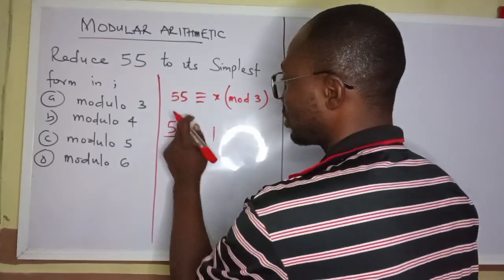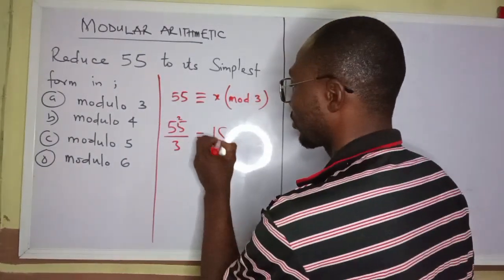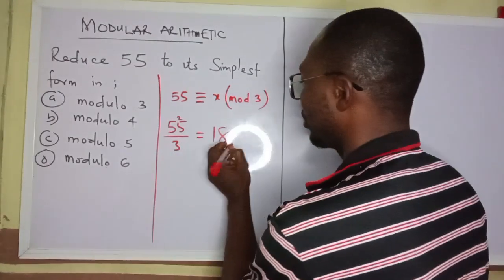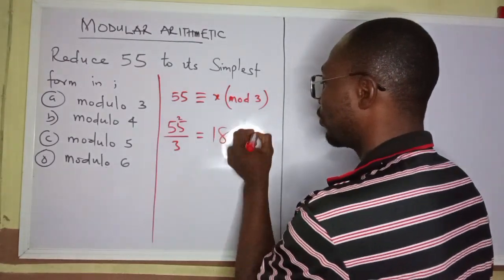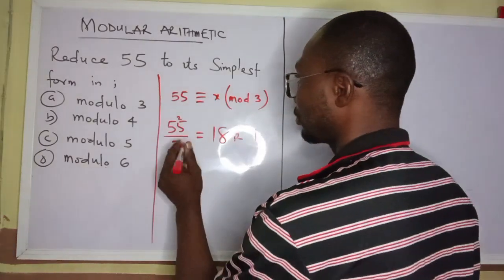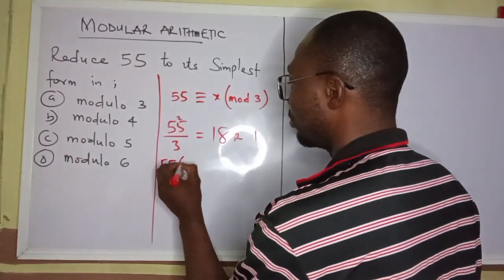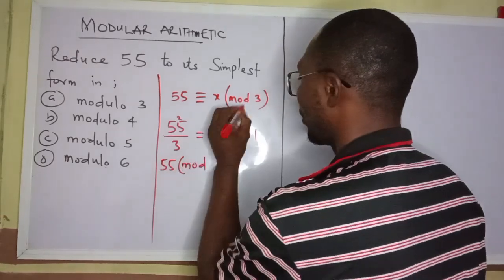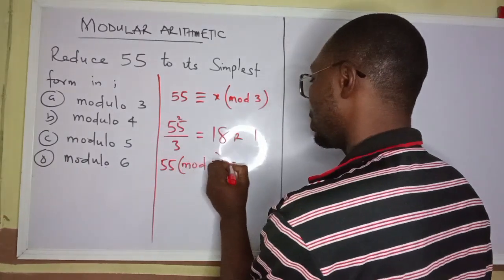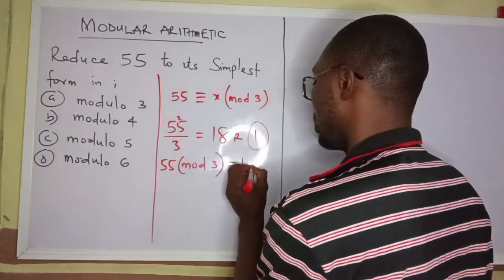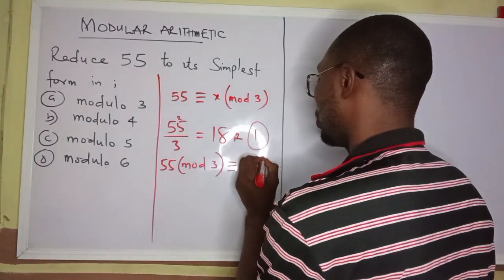Now 25 divided by 3 is 8, and 8 times 3 is 24, so we have a remainder of 1. Therefore, 55 in modulo 3 is equivalent to 1, because this is the remainder, 1 in modulo 3.